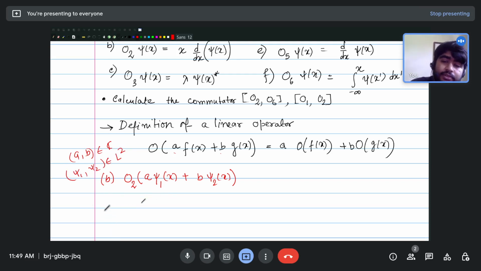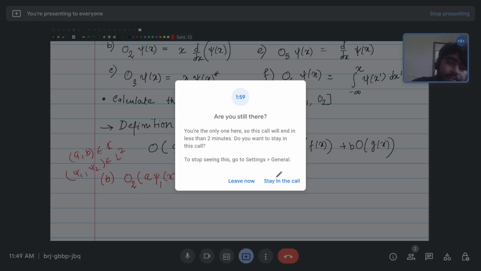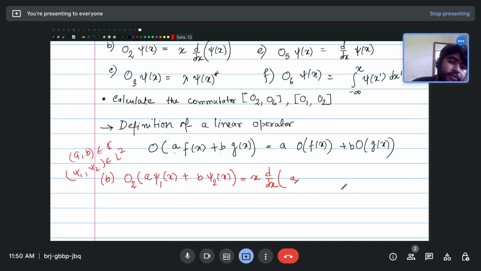The action of this gives you x d/dx acting on a chi 1 of x plus b chi 2 of x.